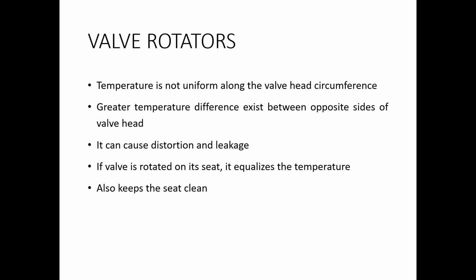This will ensure that the heat is not concentrated at one particular area of the valve. Each time, different regions will experience heat, so that cooling can take place quickly and it does not fail very soon. Premature failure does not occur due to the concentration of heat at one particular place.